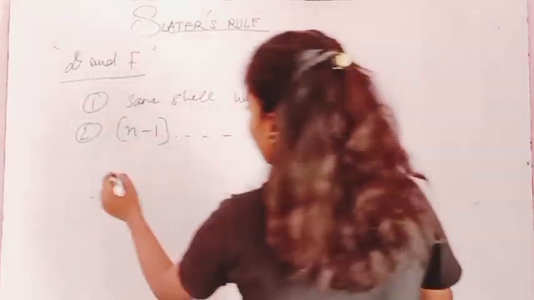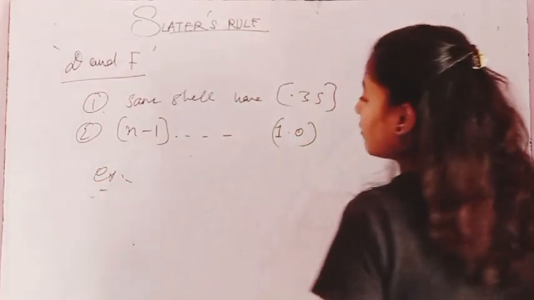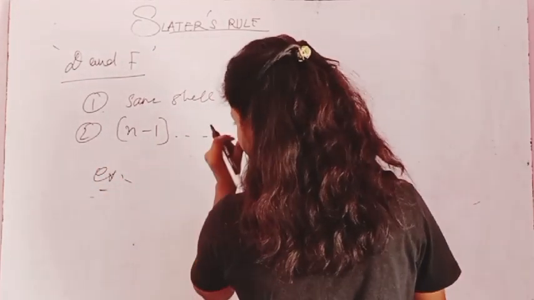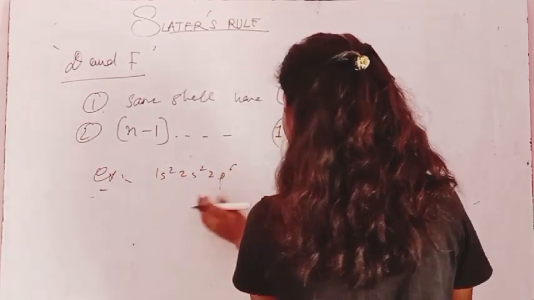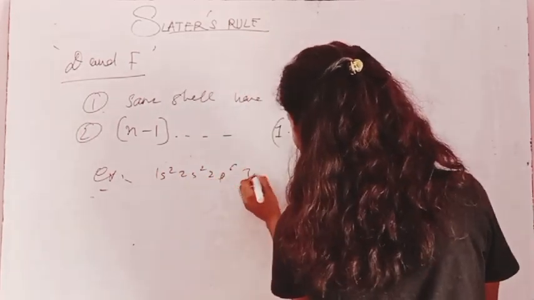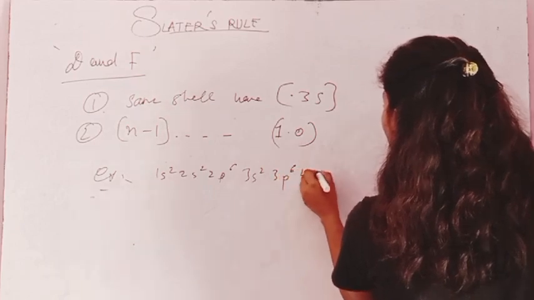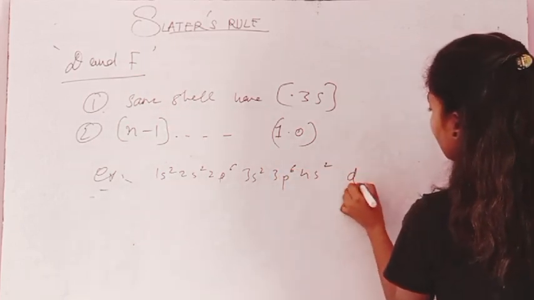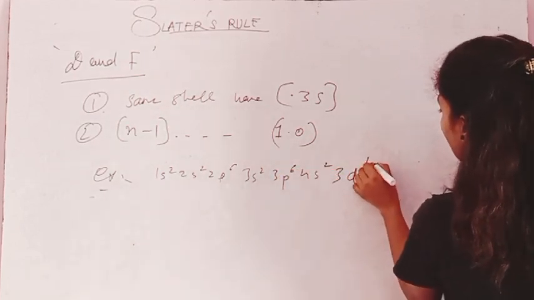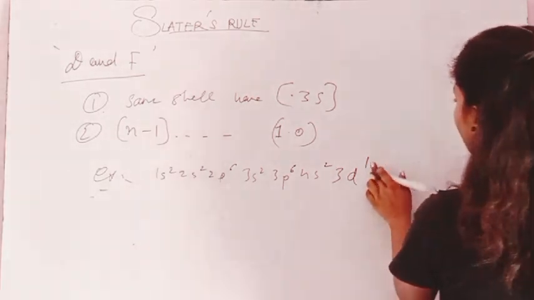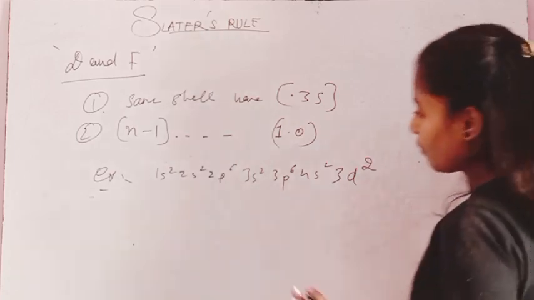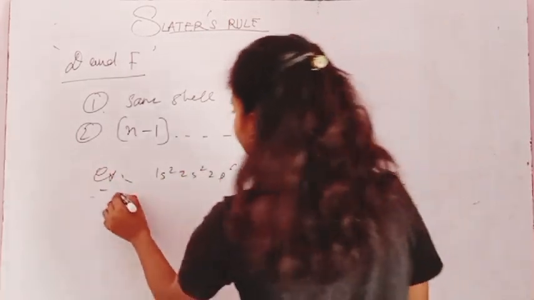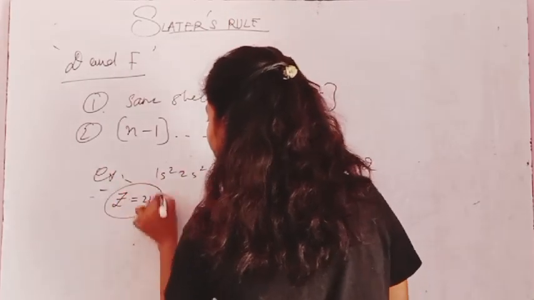Now again I wanted to repeat, if I ask you the question on the same basis, I would say 1s2, 2s2, 2p6, as a random I'm writing it, 3s2, 3p6, 4s2, and again your D with 3d2, when Z is equal to 22.